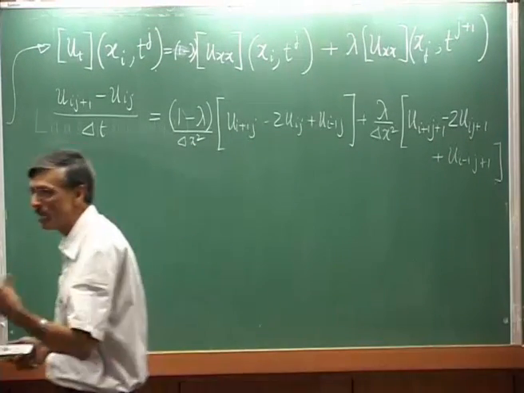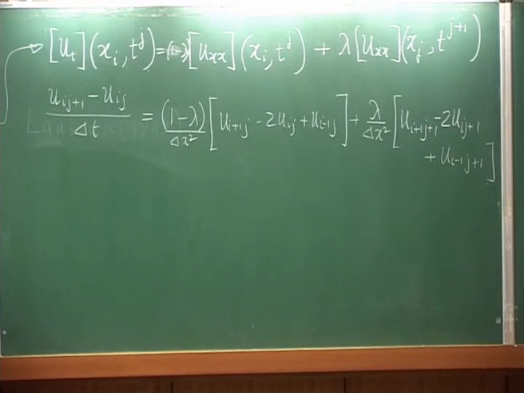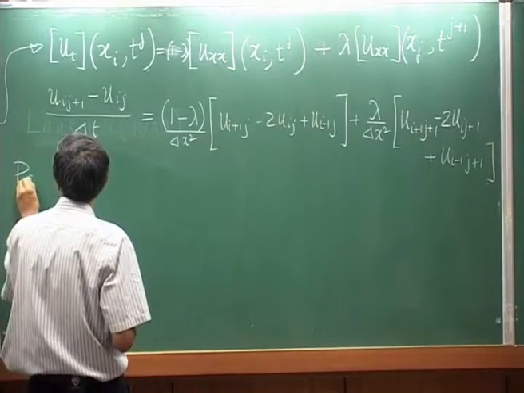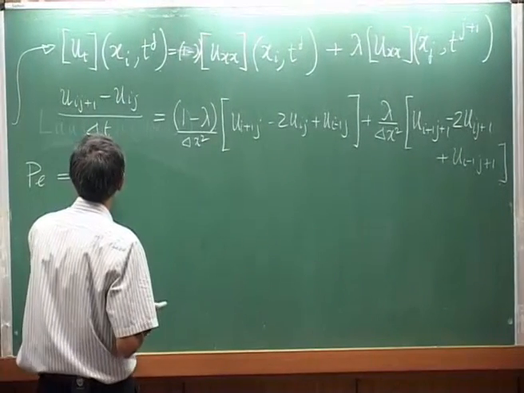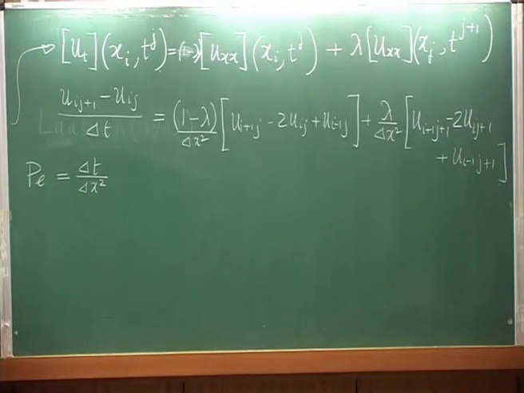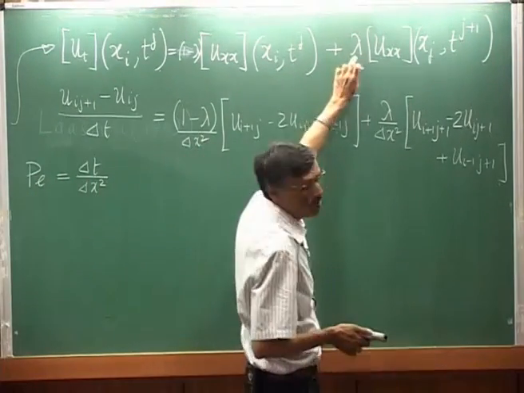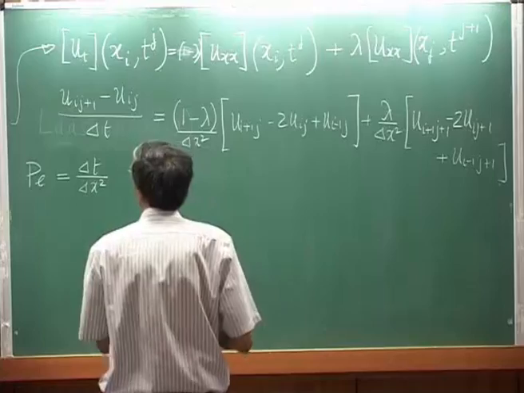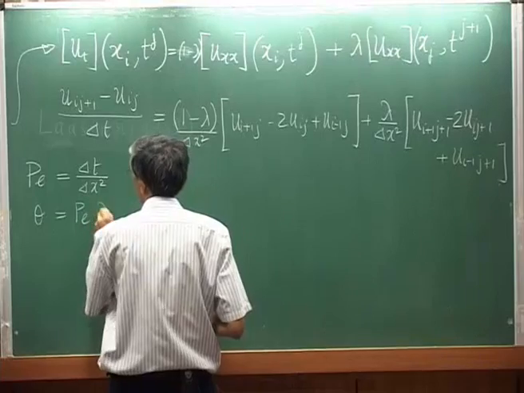Now, quite like what we did for the convection equation, we can see some parameters naturally coming out that we already have defined, and we defined the Peclet number, if you recall in the last class, that was simply the ratio of the time step by this. Now, in addition, we also have brought in an extra degree of freedom in terms of this parameter lambda. So, we could define a new quantity, theta, which will be nothing but Peclet number times lambda.